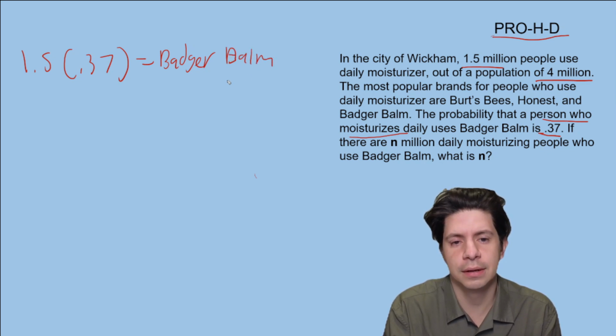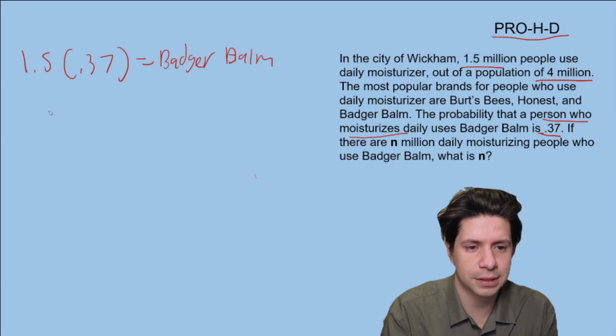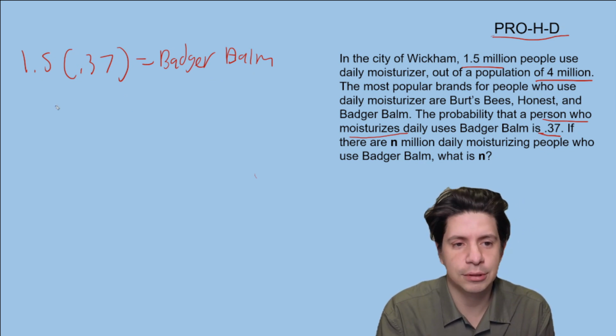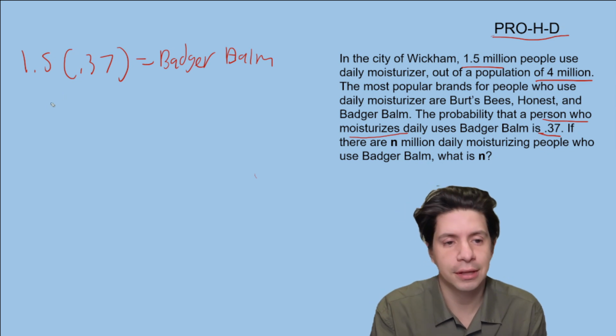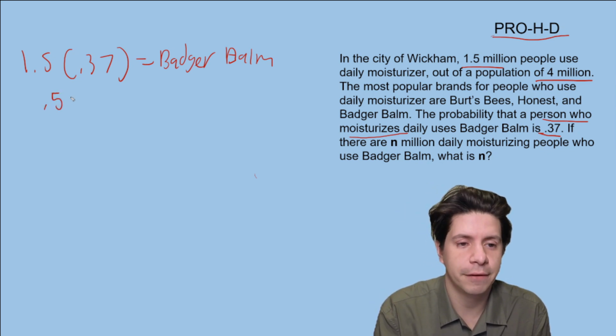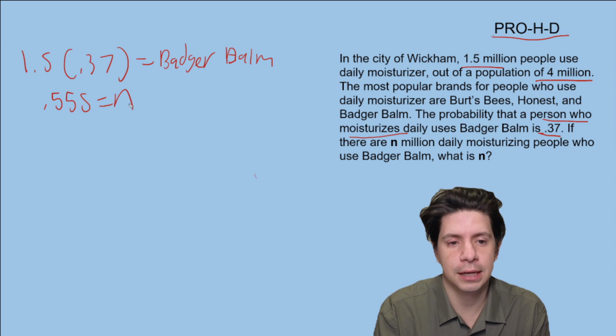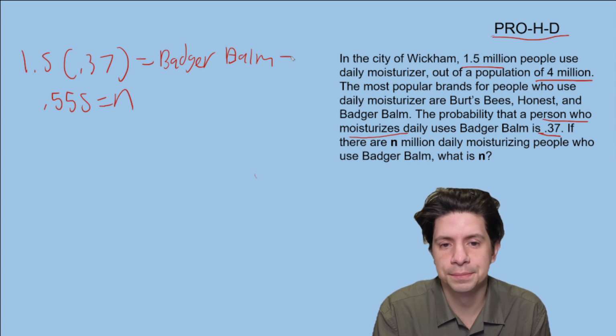It's a weird B that looks like an A, but you'll understand it. So then we just multiply, and we do 0.37 times 1.5, and you can put that into your calculator, and you will just get 0.555 equals n.